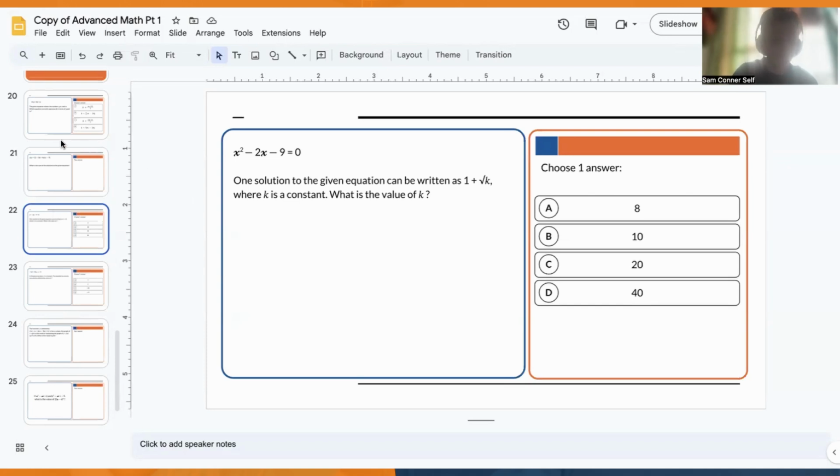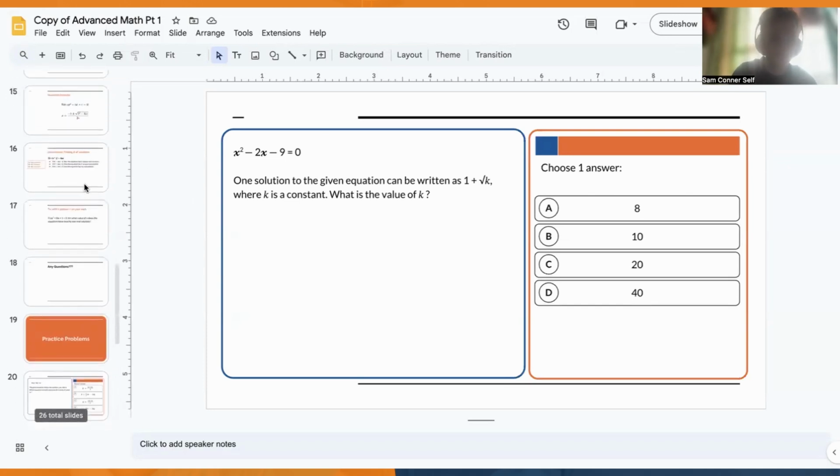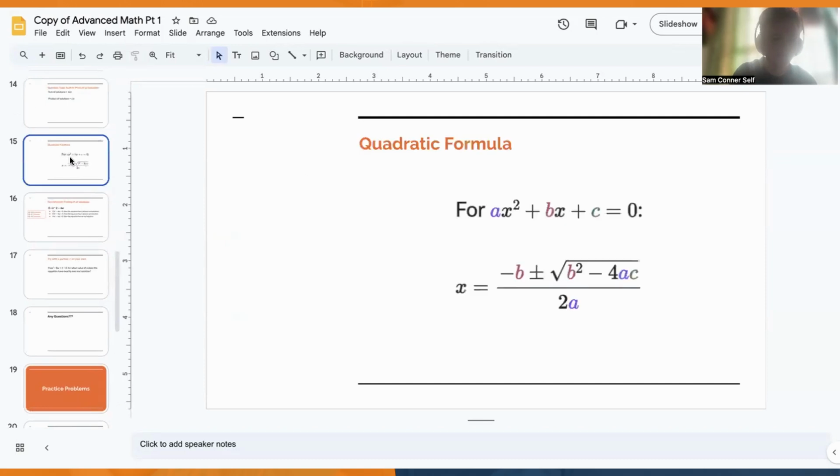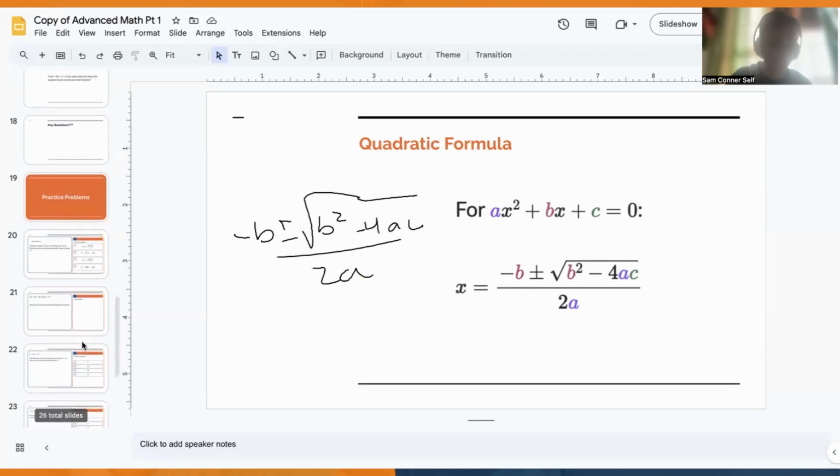So the quadratic formula, just to go back, is going to be this equation of -b plus or minus the square root of b squared minus 4ac all over 2a. Writing that down.